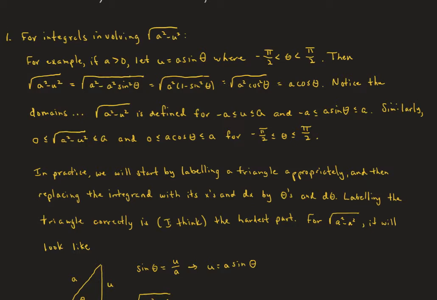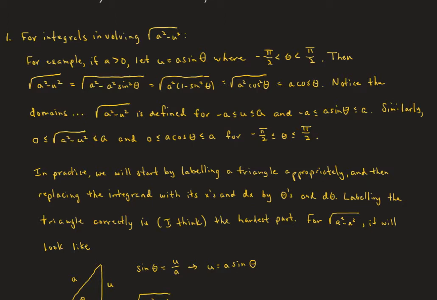So in a square root of a squared minus u squared, if a is positive, then we can say u is equal to a times sine theta. We're going to restrict our domain to be between negative pi over 2 and positive pi over 2. Then that radical that we're going to try to replace with a trig function, the square root of a squared minus u squared becomes square root of a squared minus a squared sine squared.